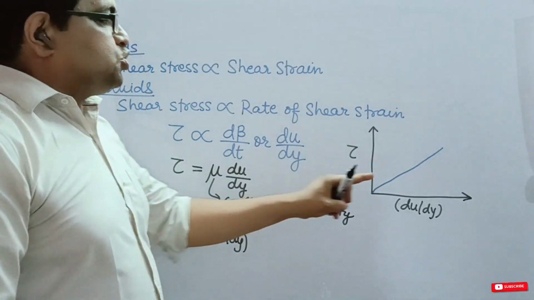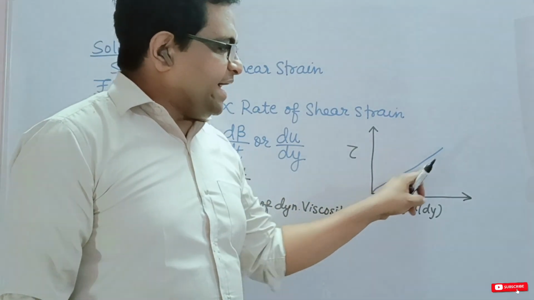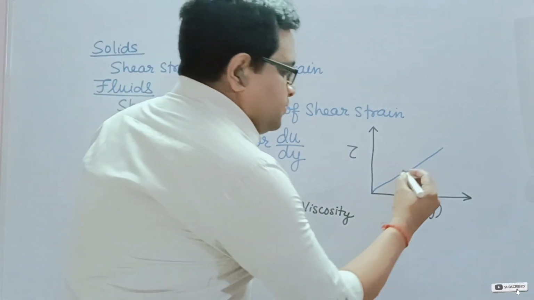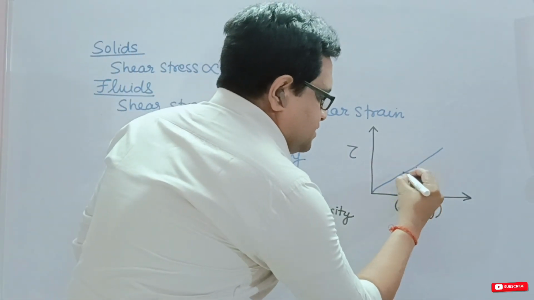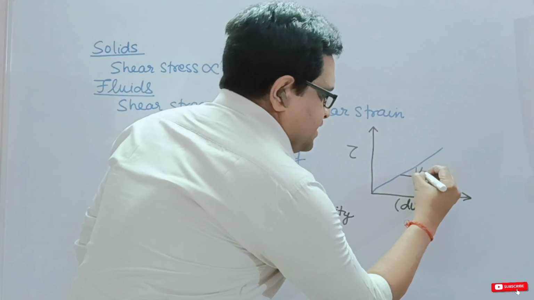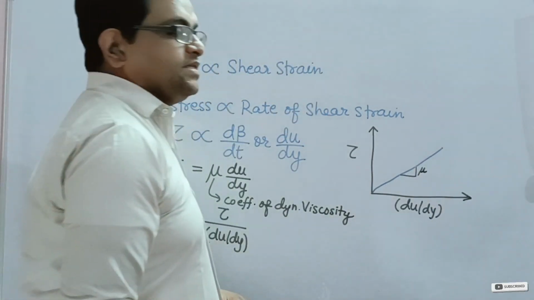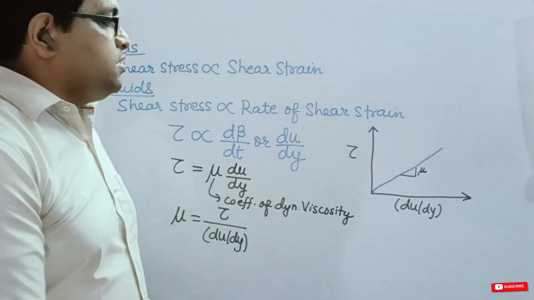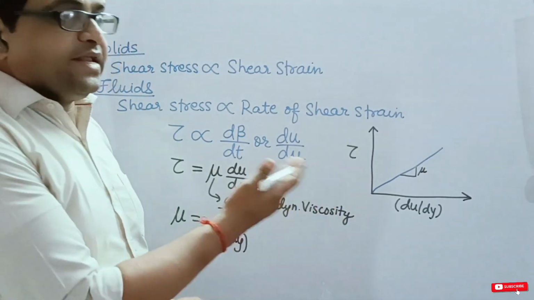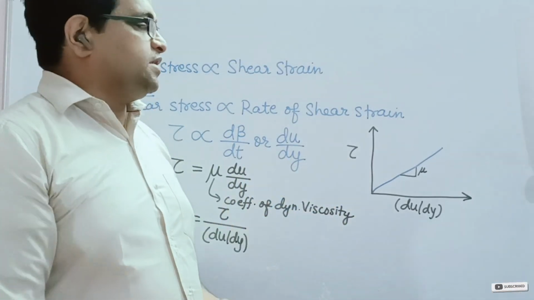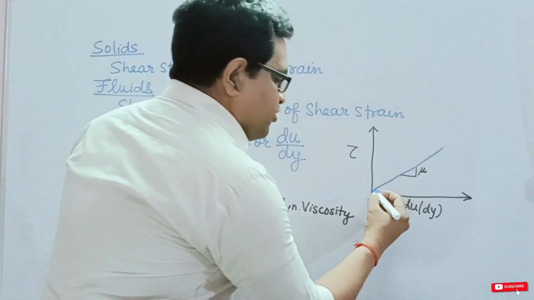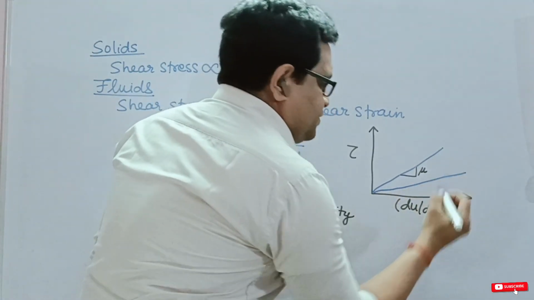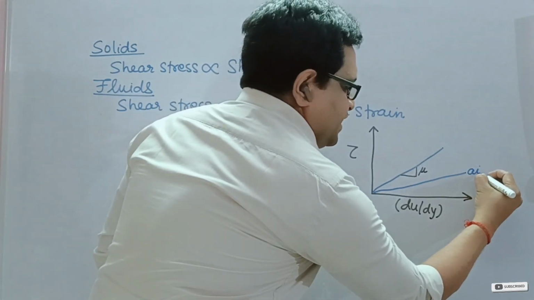Now it is the slope of this line which represents the viscosity. So we can represent it like this. It is the viscosity mu, which is represented by the slope of this line. Now as the slope increases, so will be the viscosity. So for example, for air we will get a lesser slope. So this line is for air.